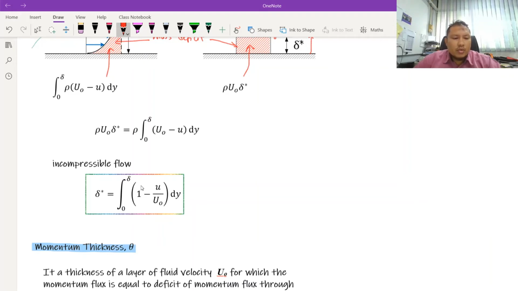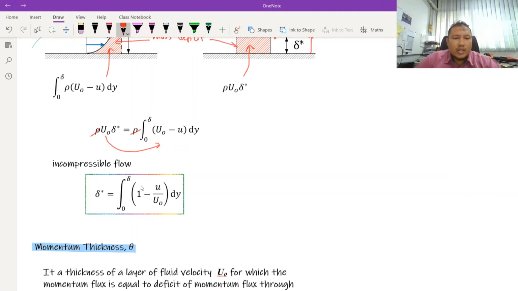Now we are dealing with external flow, and we assume that it is incompressible flow. For incompressible flow, rho is a constant, so we can cancel out rho and bring u naught to the denominator. So we have delta star equal to the integration from 0 to delta of 1 minus u divided by u naught dy.